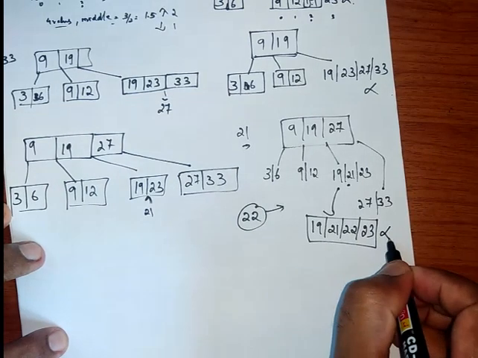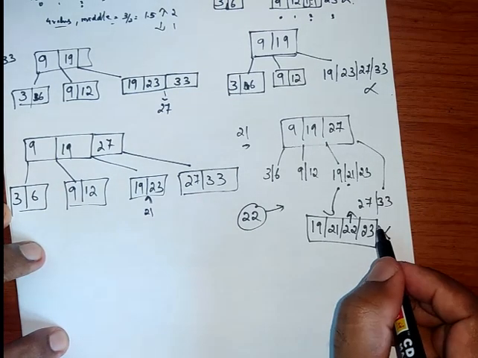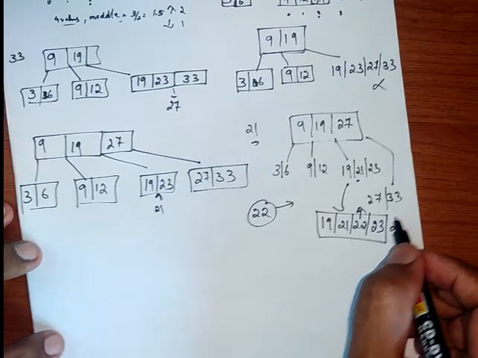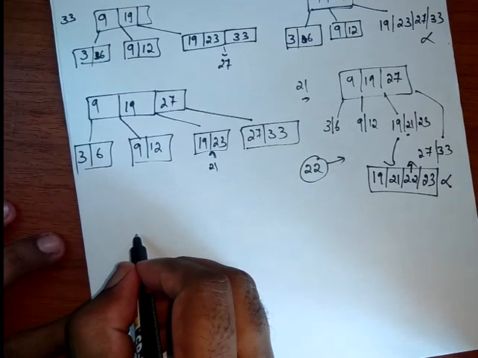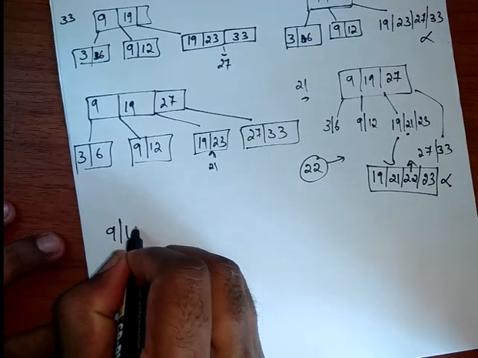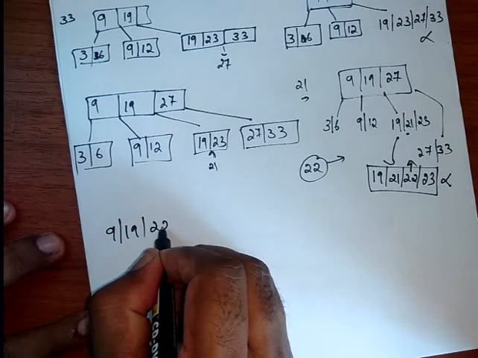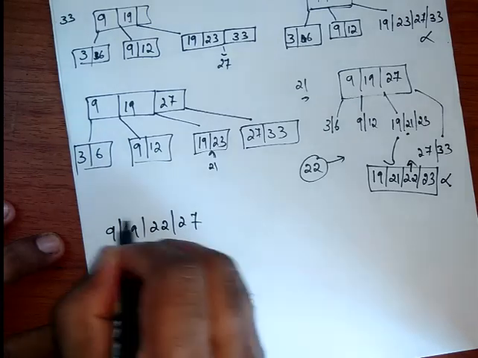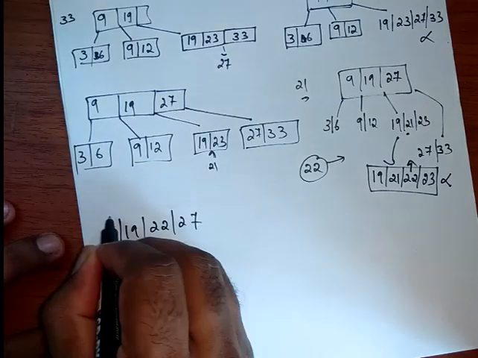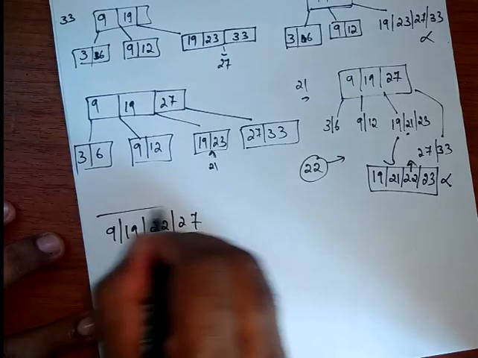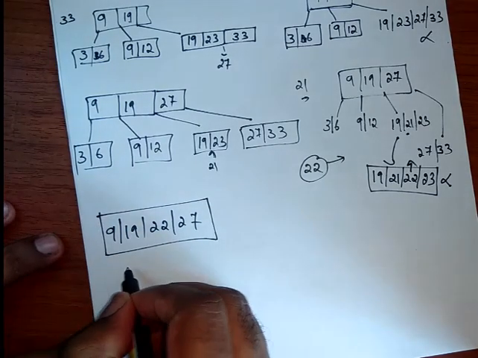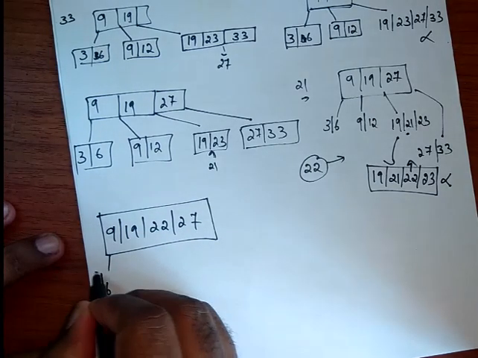And from here you can identify that 22 is the value that should be moved to the root node. So we draw the same figure, 22, 27. When moving a value to the parent level, you have to put it in the correct position. It should be in ascending order. So 9, 19, 22 and 27.